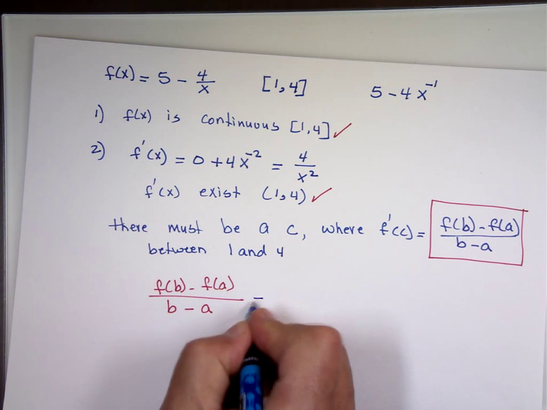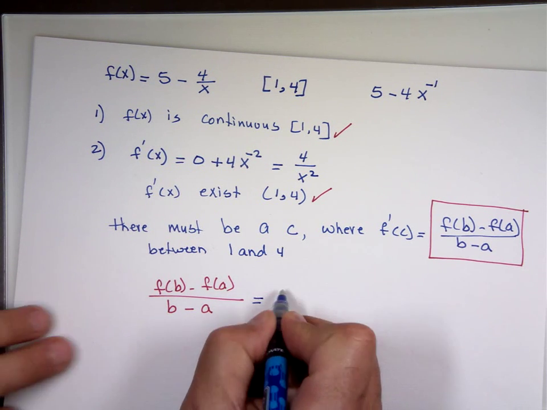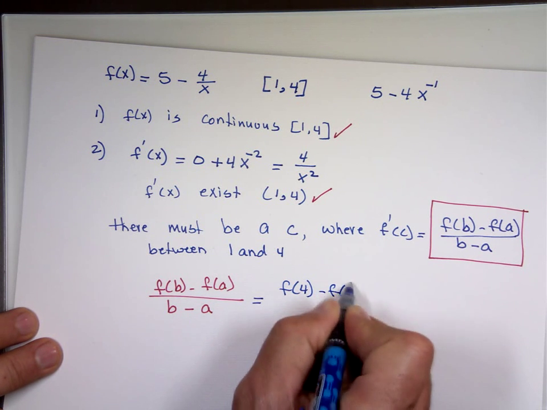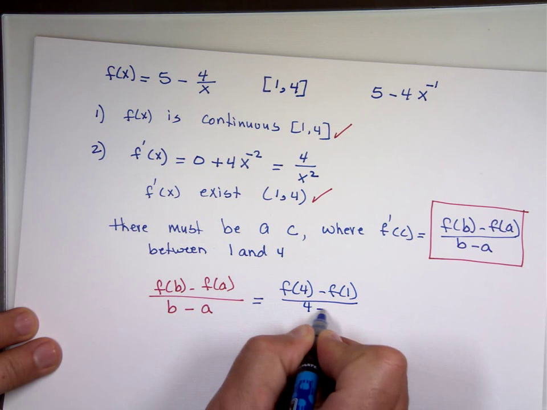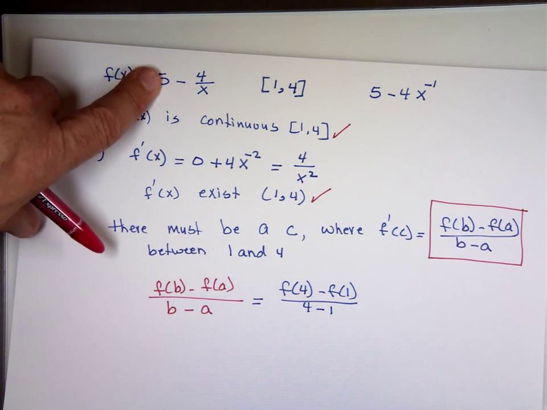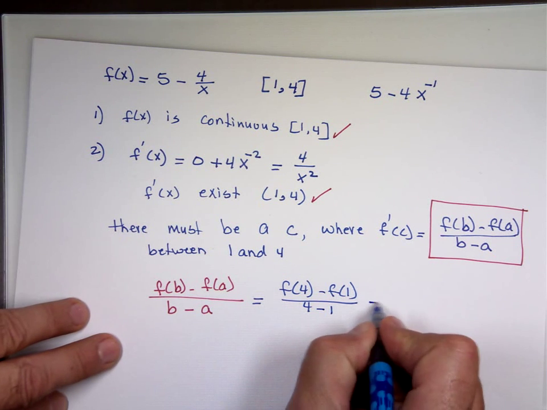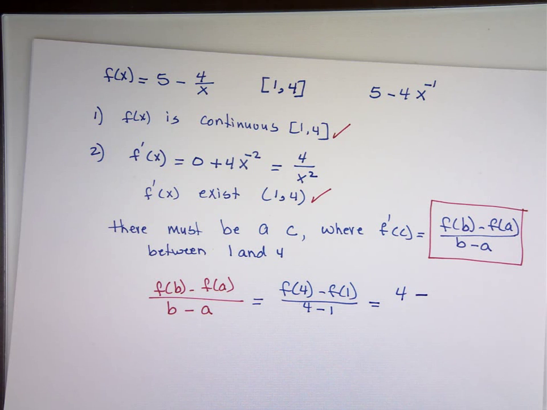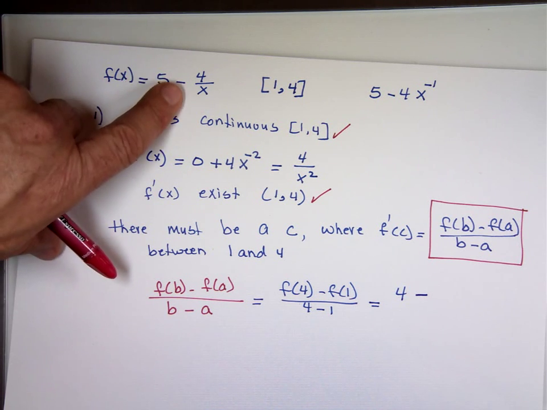F of b. b here is what? 4. So what's f of 4 minus f of 1 over 4 minus 1? F of 4, that's 5 minus 1, which is 4. What's f of 1? 5 minus the 4, that's a 1.